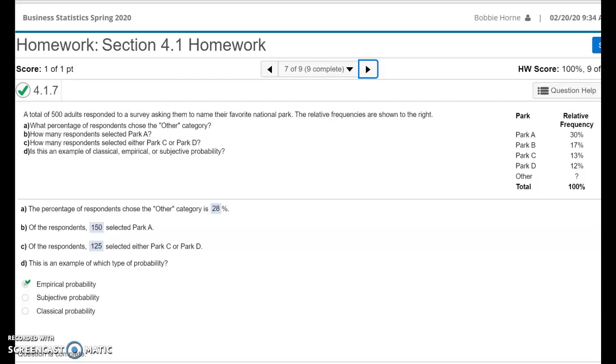For the next one, of the respondents who would select either Part C or Part D. When it's or, we're going to add those two groups together, which is 25%. And we're going to do 25% of 500. So 0.25 times 500 would be 125. And this is an example of empirical probability because we did a survey, we did an experiment, and we're observing our results.